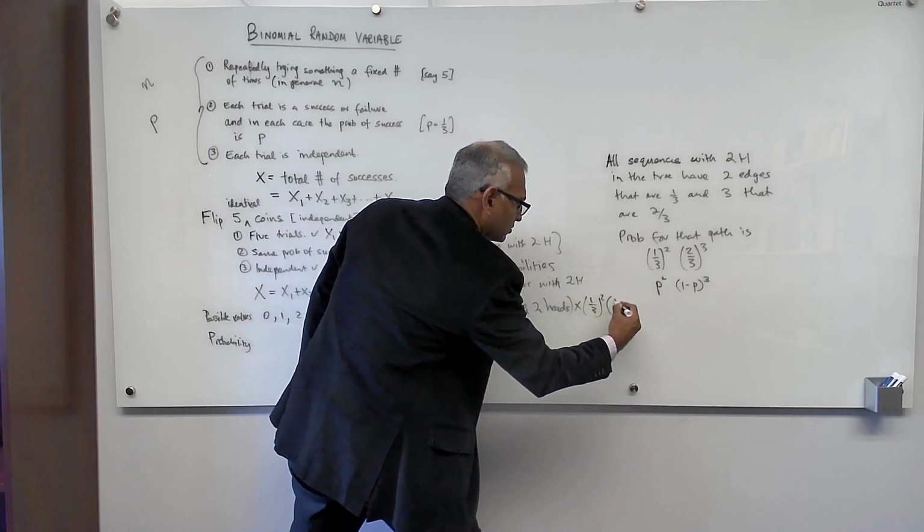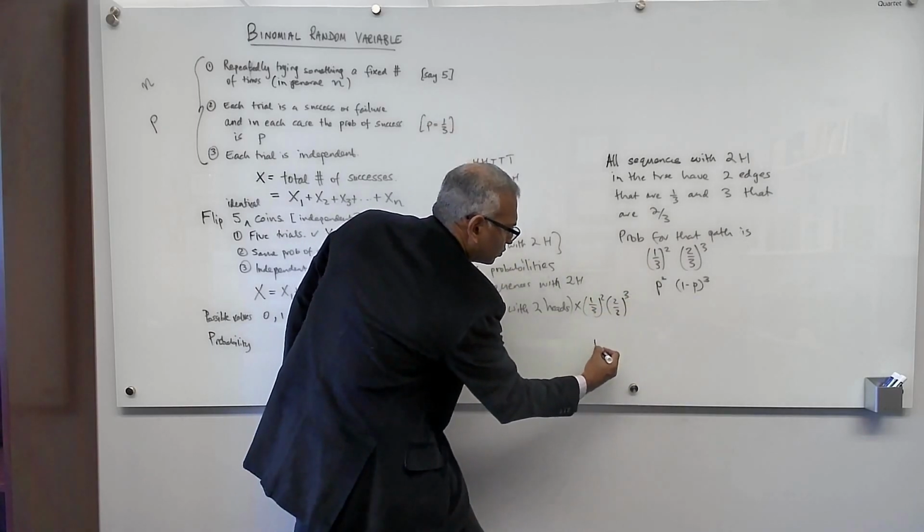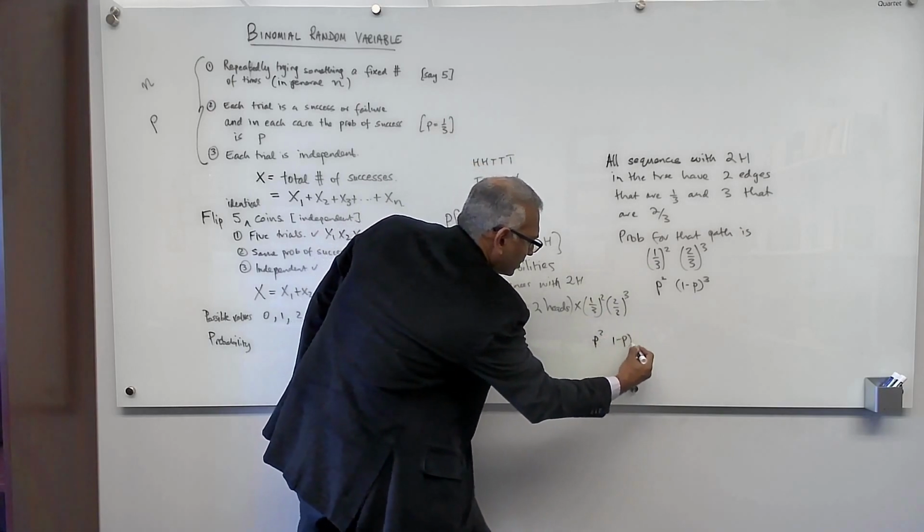Or more generally, it would be p squared, 1 minus p cubed.